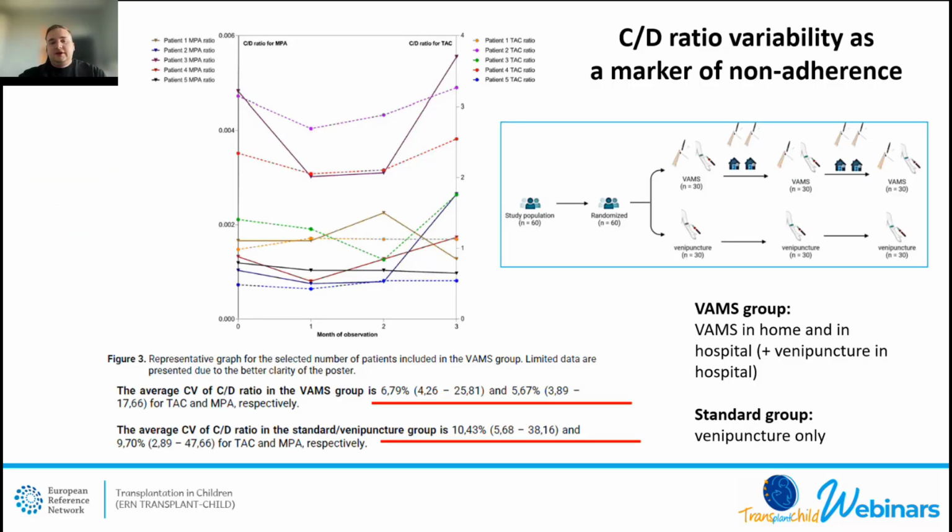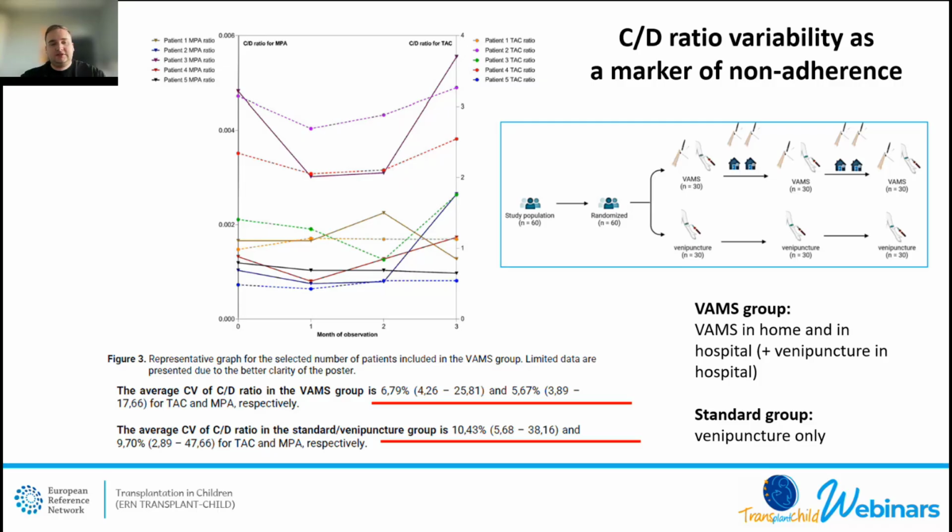We performed a study with randomization. It was 2 groups, in stable renal transplant recipients under Dr. Rubik's supervision. And we calculated the concentration to dose ratio, and we can see that some patients were stable, but some patients were characterized by high variability.